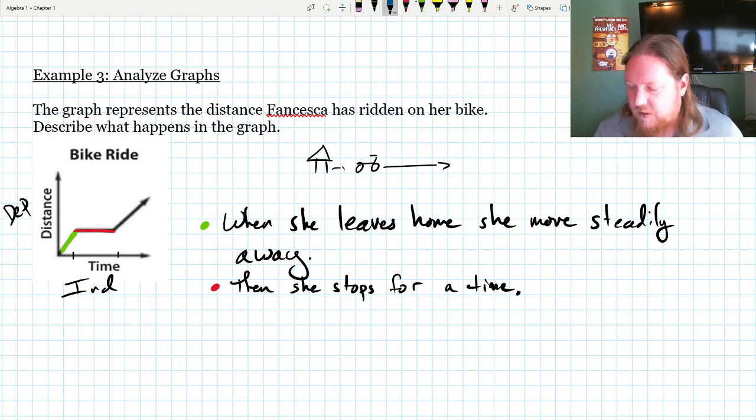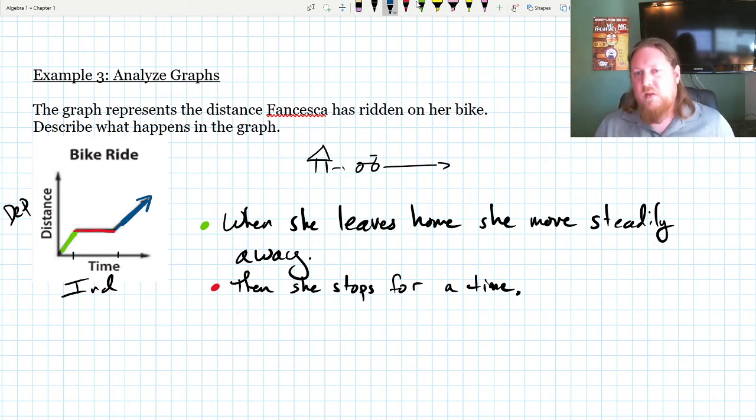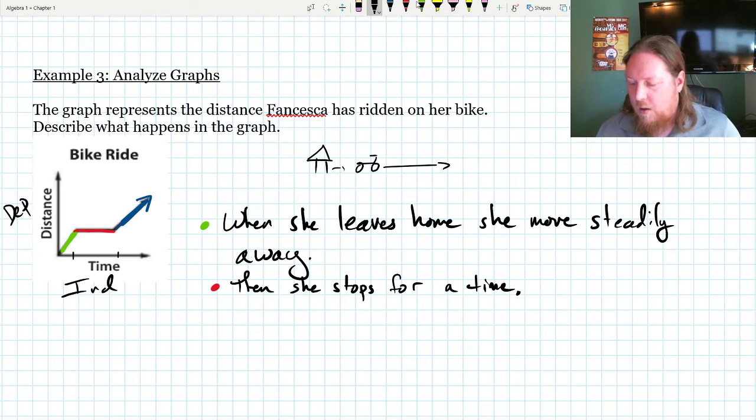And the last section is she starts going away, right? And she starts going further away. Now the difference here is, does the green line or the blue line look steeper? Because the steeper it is, the faster she's going, right? So she starts moving again.